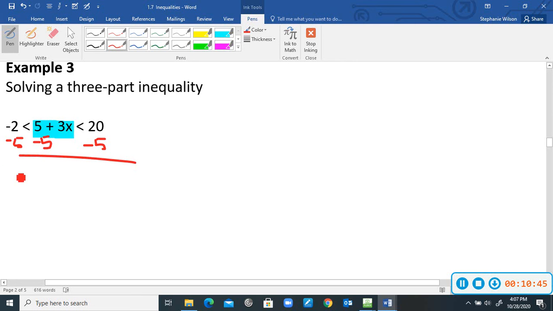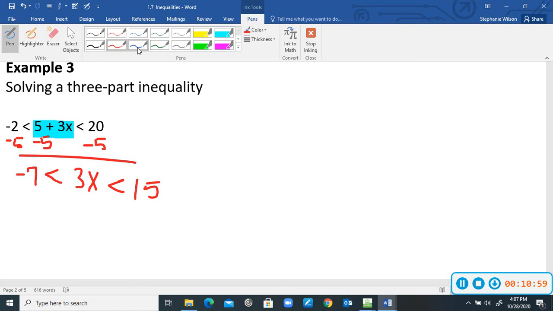So I got -2 minus 5 is -7, less than 3x, less than 20 minus 5, which is 15. So now I'm going to divide by 3, and since it's a positive 3, we're not flipping the inequality signs, okay?